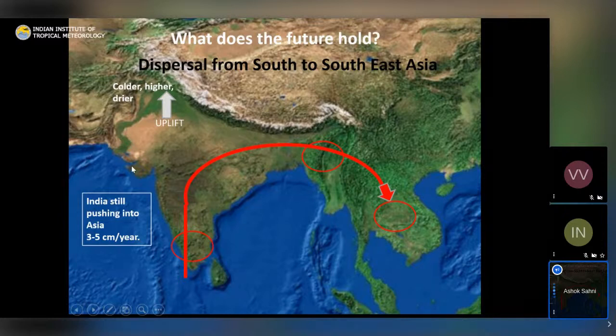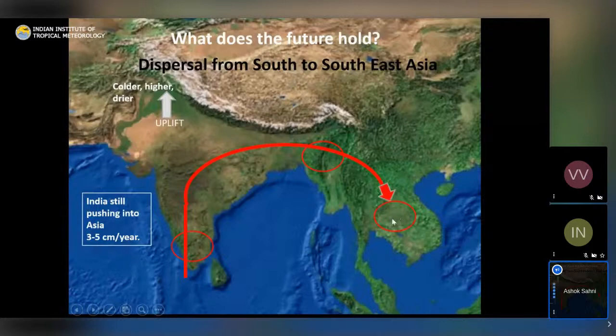So what has actually happened is that where it is still tropical, still wet, you are able to get refugia or relics from the days when India was attached to Madagascar. Some of the forms still survive here, and they have been able to migrate through the northeast part of India into Southeast Asia.